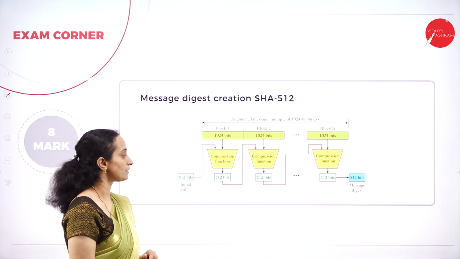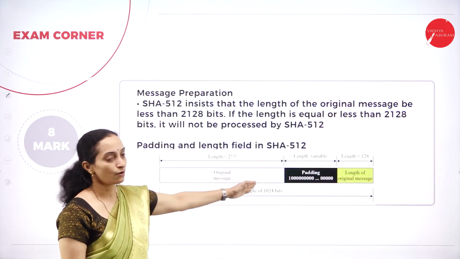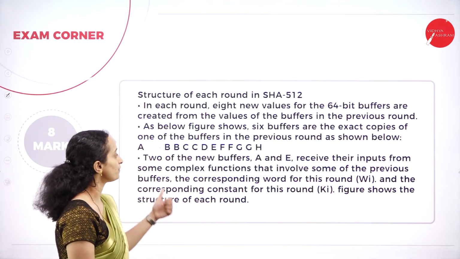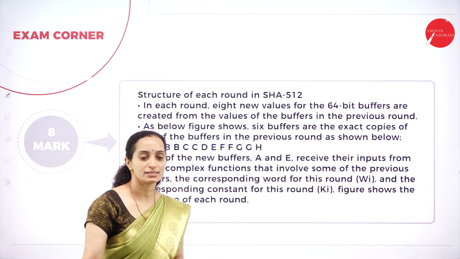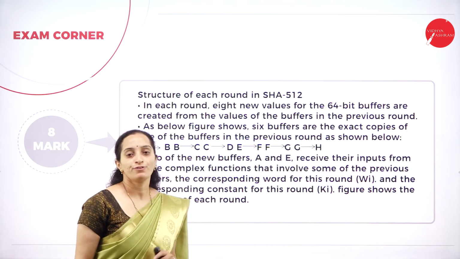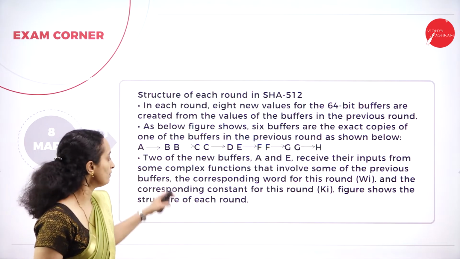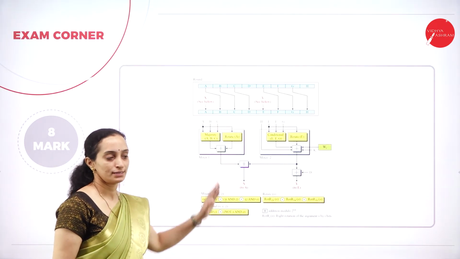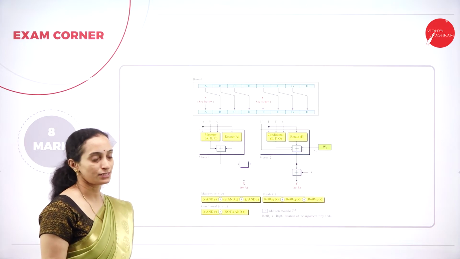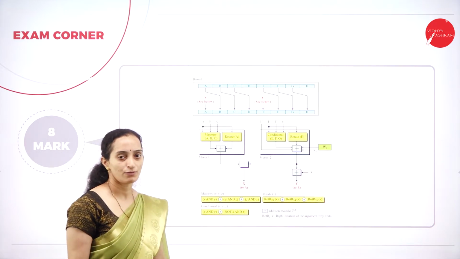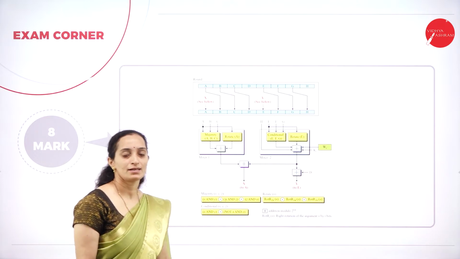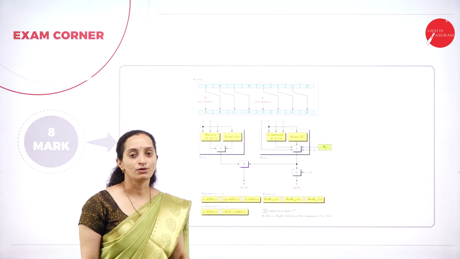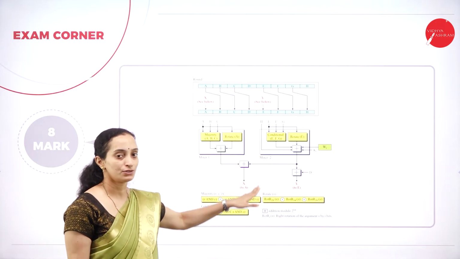What is the concept that is included? Then how is the message prepared in this? And the structure of each round in SHA 512 can be given here. Then a diagram for each round can be written. If you miss one or two points, that is not of much concern. Don't worry about it. Write down all that you remember.